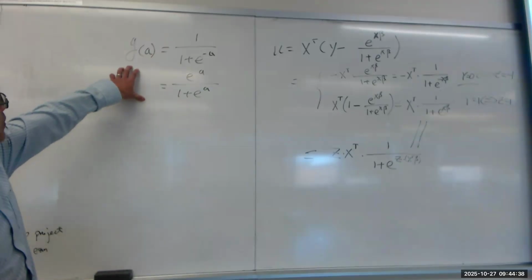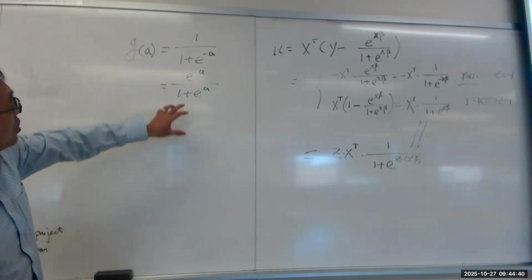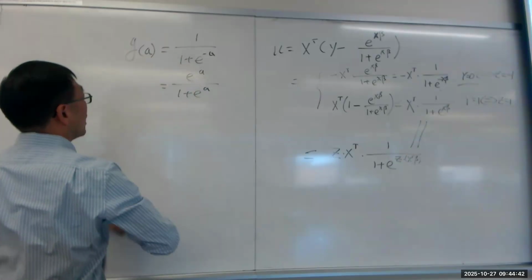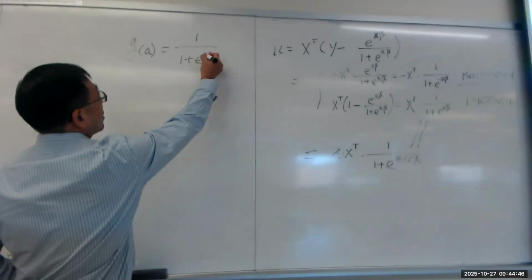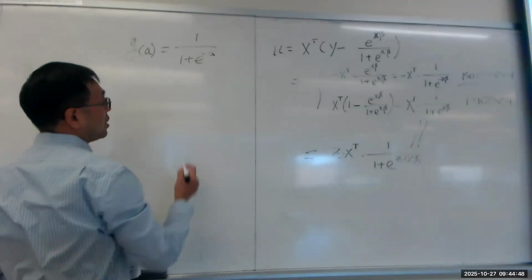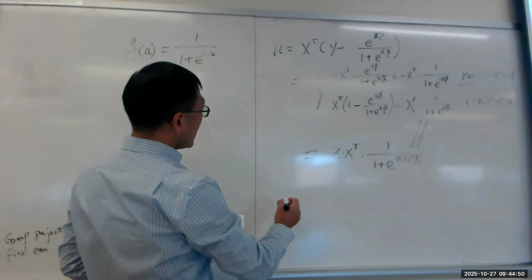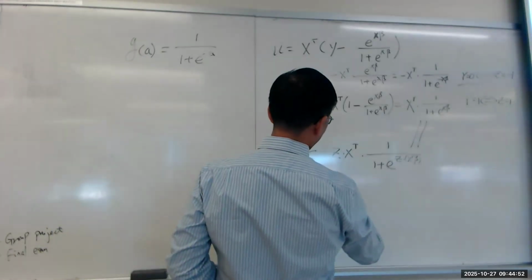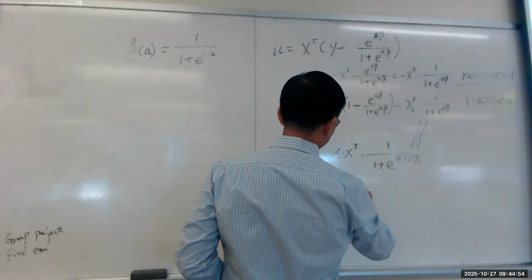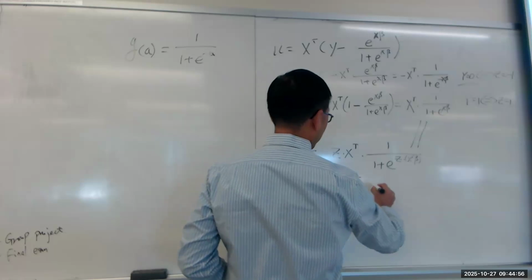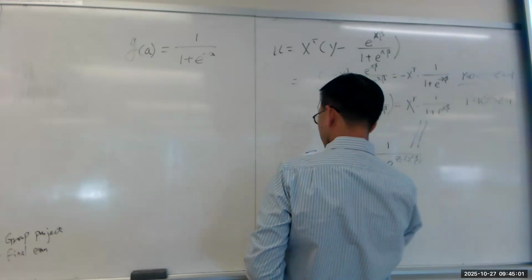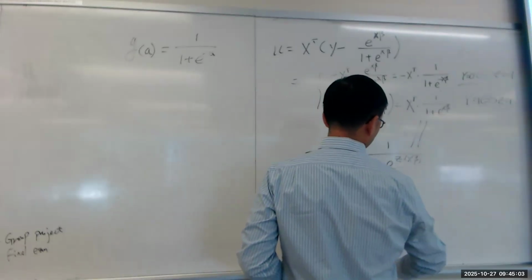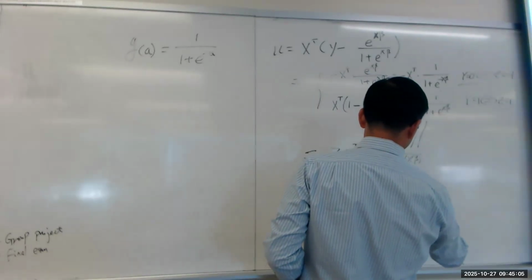Now if we define g of a equal to 1 over 1 plus e to the -a, then this thing can be written as z times x transpose times g of negative z times x beta. The reason you have negative is because I have a negative sign here. So you can view this as a negative of a negative, and this is going to be g of negative z times x beta.